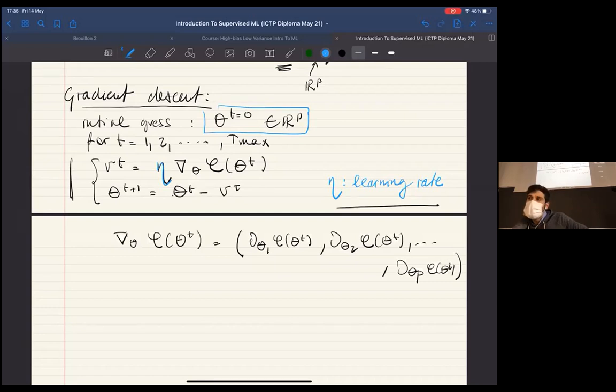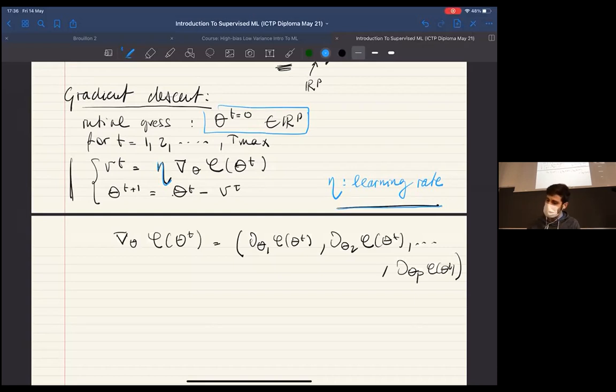It's a deterministic algorithm. For a given initial condition, if you run it 2 times from the same initial condition, it will reach the same final point. So if you reach a local minimum and if the learning rate is small enough, you will stay there. You will not move anymore.